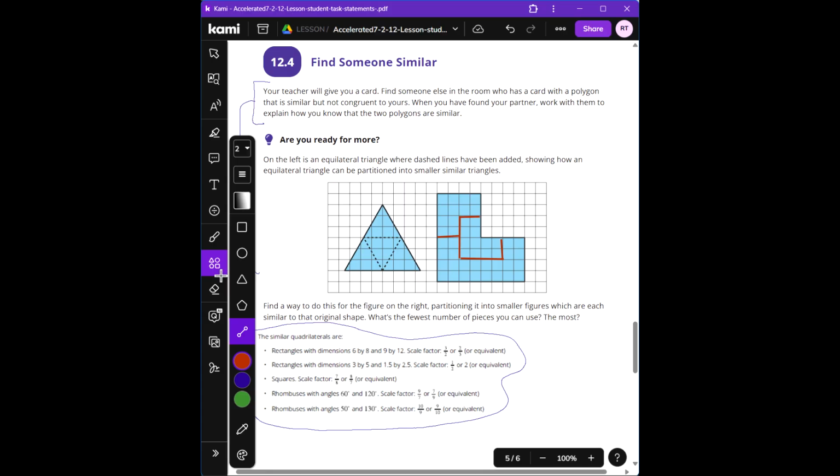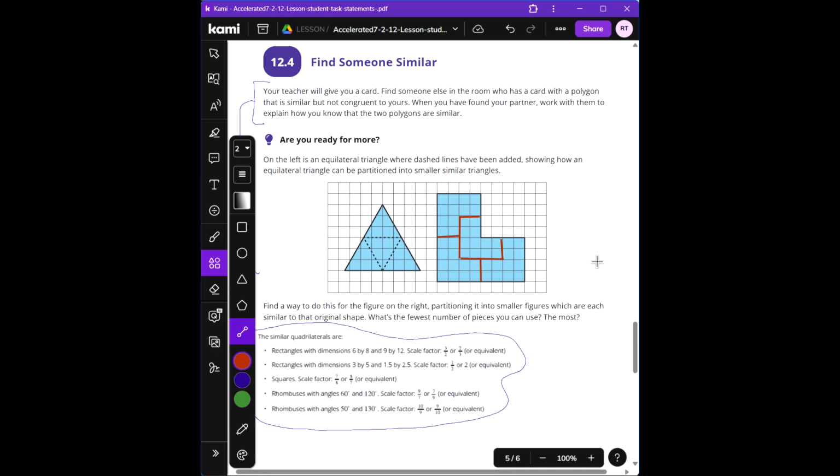Okay, so those are all similar shapes. Can we do any fewer?